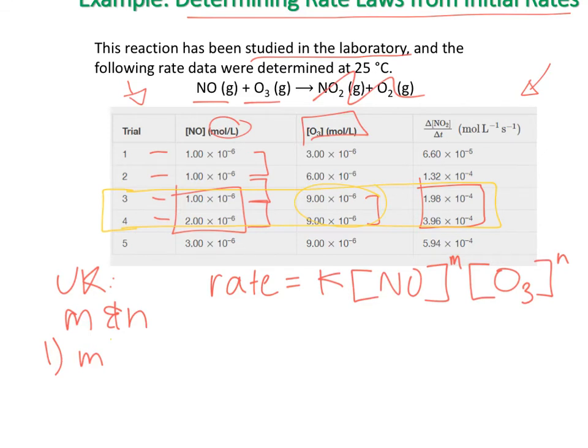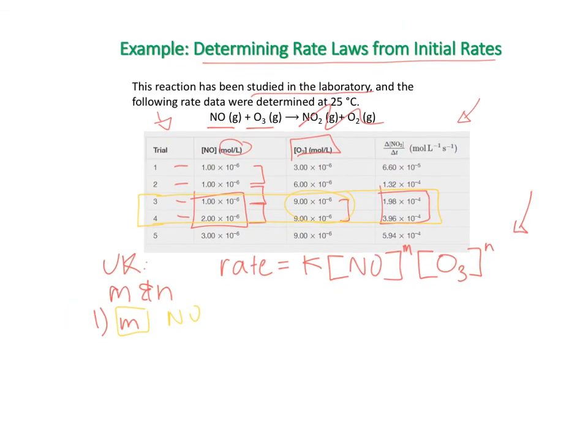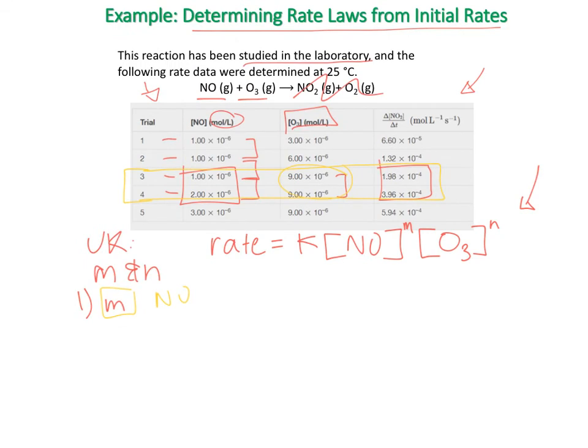We're trying to find M, which is related to NO. So let's first compare the concentration, and then we can compare the rate. So we are comparing trial 4, T4, to 3. You always do the bigger one on top of the smaller one. So it would be 2 times 10 to the negative 6 molar. Mole per liter is also molar, so same thing.